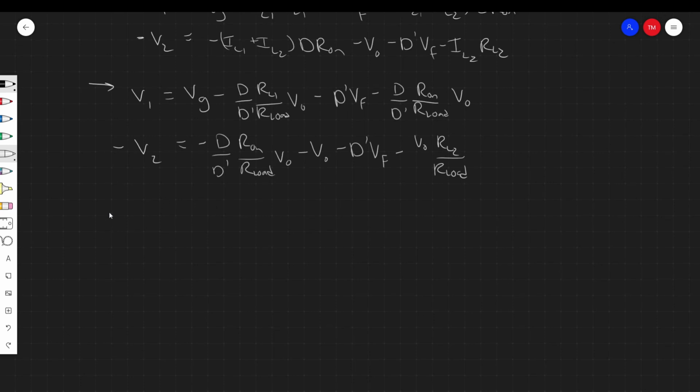So now all we have to do is D times V1 is equal to D prime times V2. So we have what V2 is, right? We can actually just cancel out all these minus signs, and we're good.